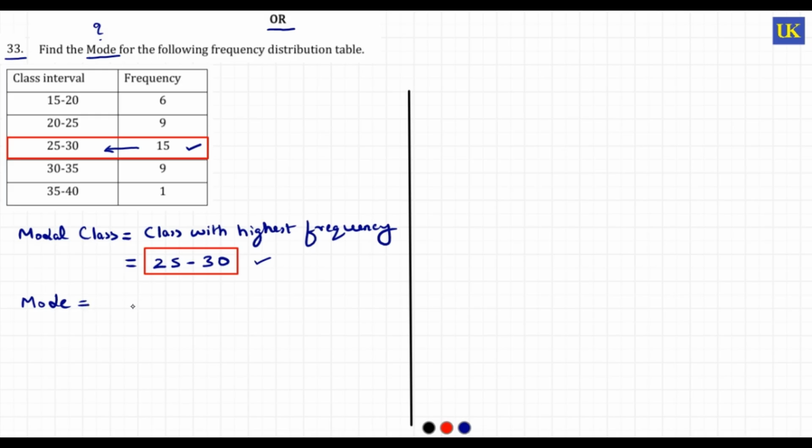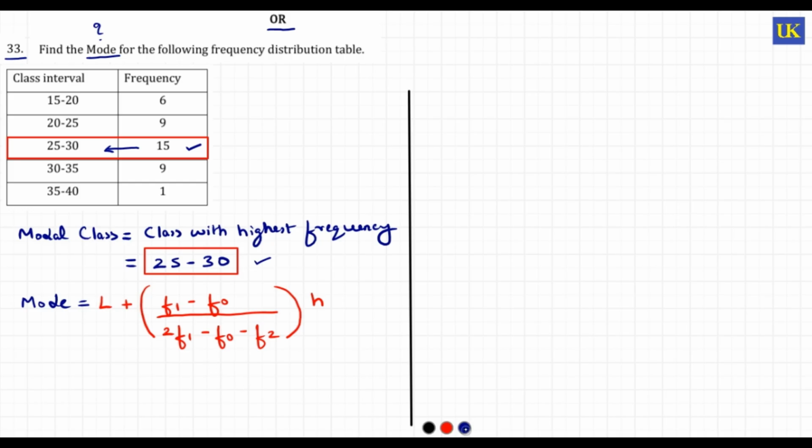So the formula to find the mode is L plus, in the bracket, F1 minus F0 divided by 2 into F1 minus F0 minus F2, complete the bracket, into H. So this is our formula.